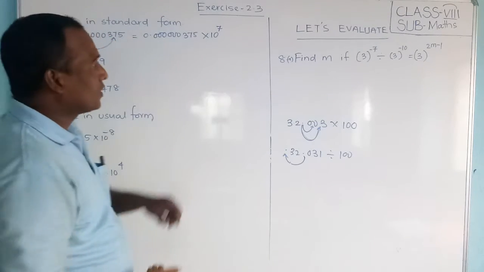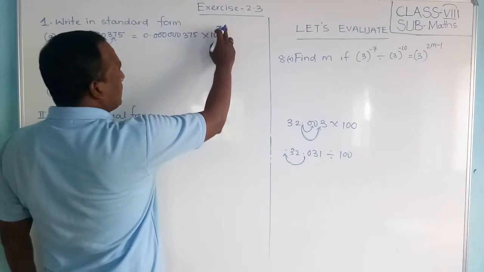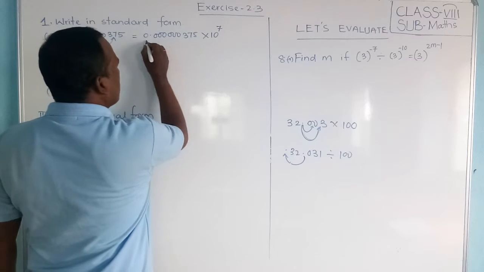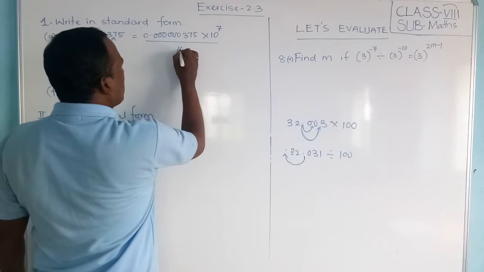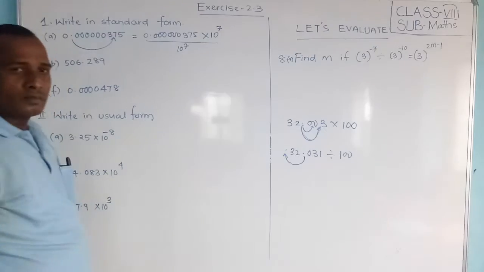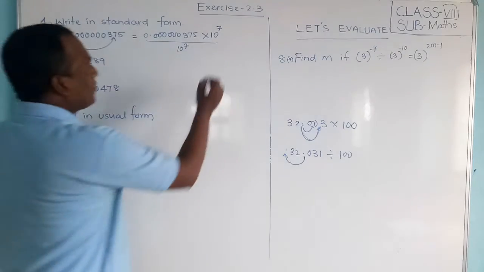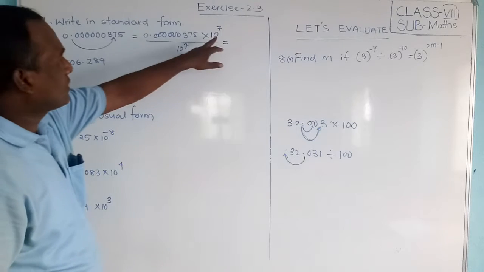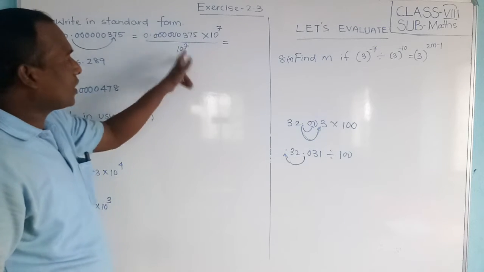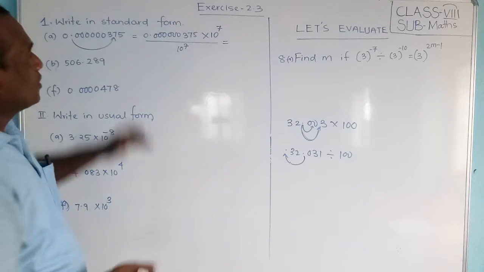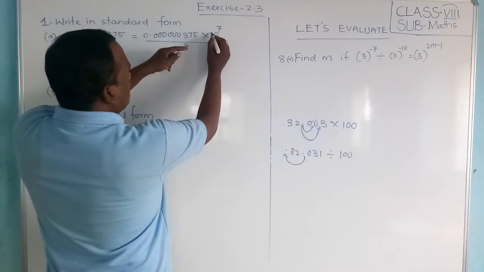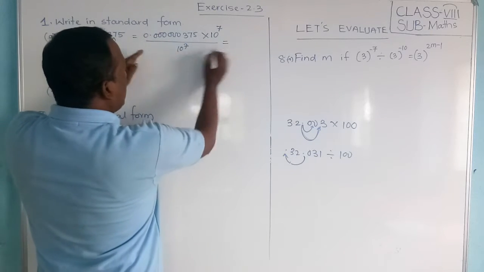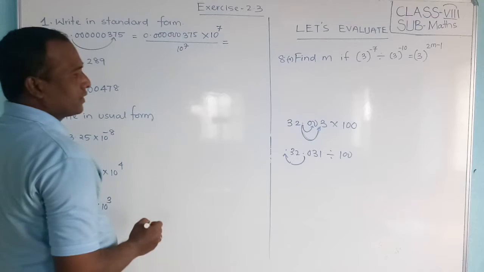If you have multiplied by 10 power 7, then you must also divide by 10 power 7. If you cancel this 10 power 7 with 10 power 7, the same number will come. So you multiplied by 10 power 7, then divided by 10 power 7.